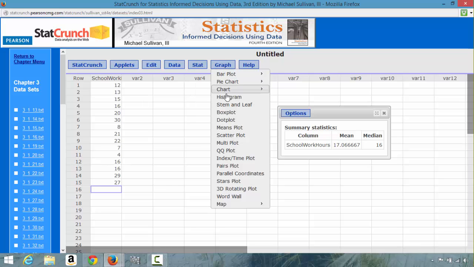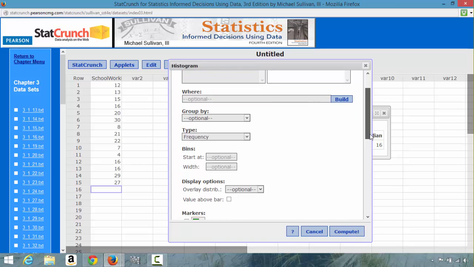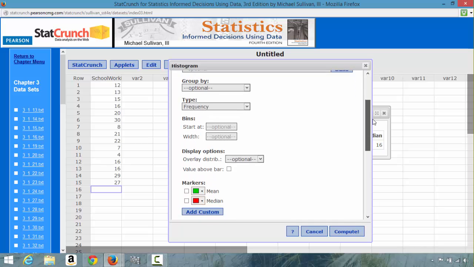You select Histogram. StatCrunch is very good. You select the columns here, and don't worry about the bins. It will do it automatically, just like Excel, if you don't specify the bins. In this case, let's not specify the bin width.